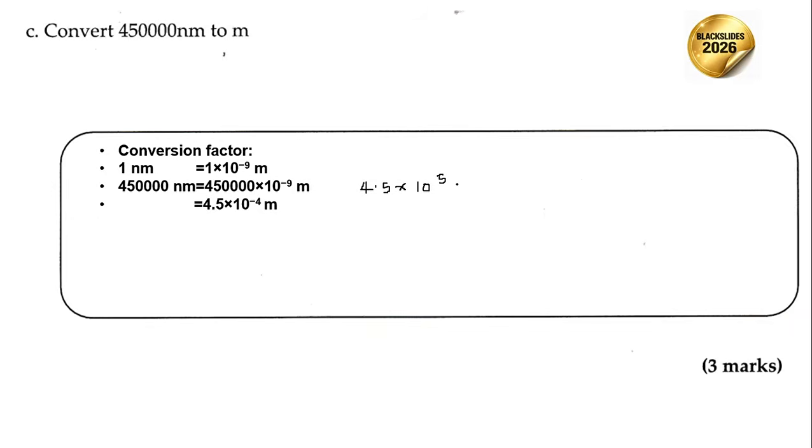That's 450,000. Then this is multiplied by 10 to the power minus 9. Right, so multiplying 10 to the power 5 by 10 to the power minus 9 is basically 10 to the power minus 4. So the result is going to be 4.5 times 10 to the power minus 4.